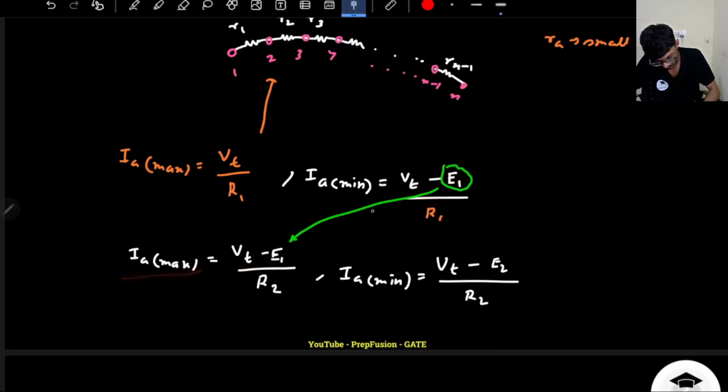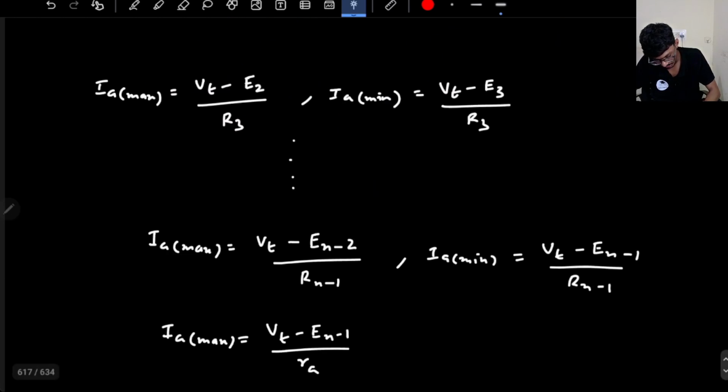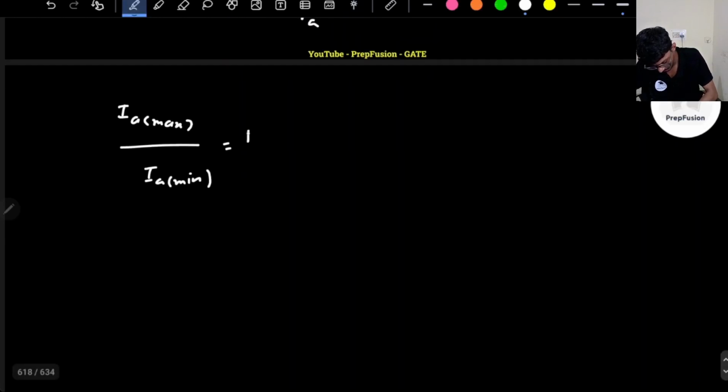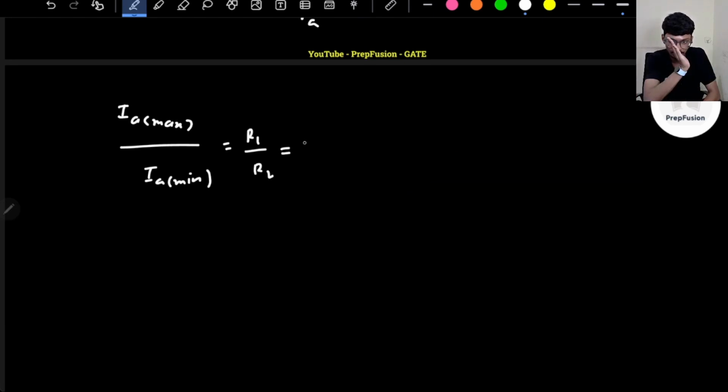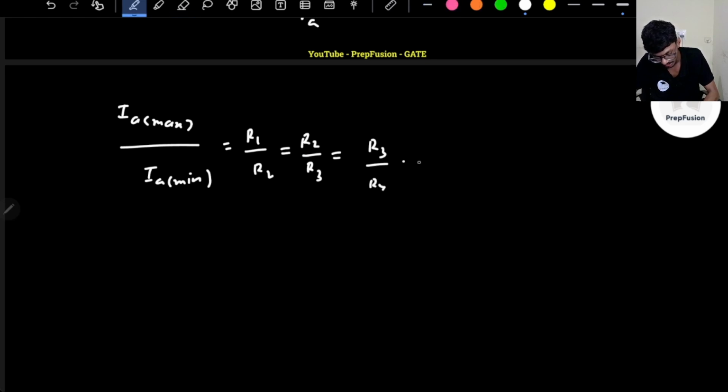So IA maximum upon IA minimum is R1 divided by R2, or you can further write this as R2 divided by R3, R3 divided by R4, and it will go on until Rn divided by Ra, right? Okay, that is what we have derived. So this is the expression that we get.